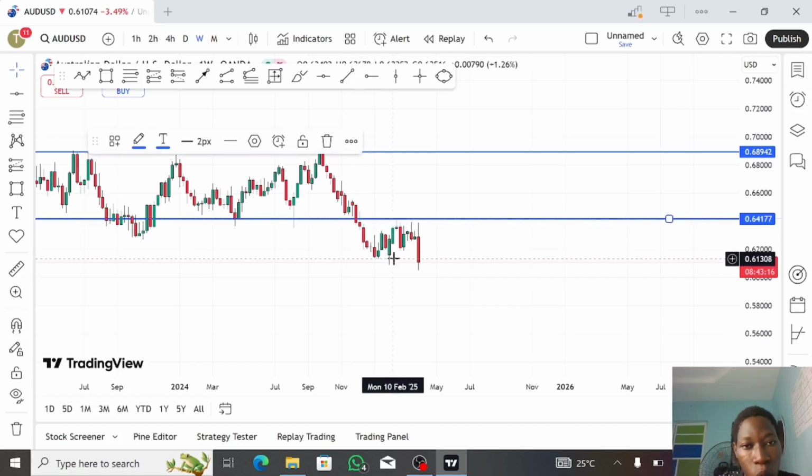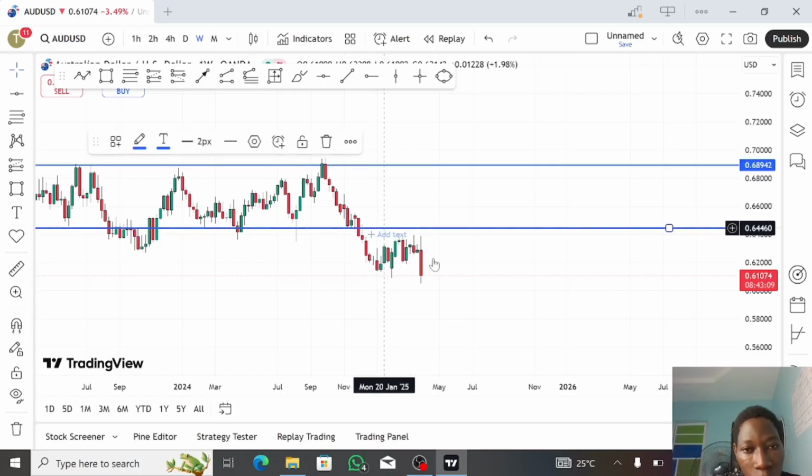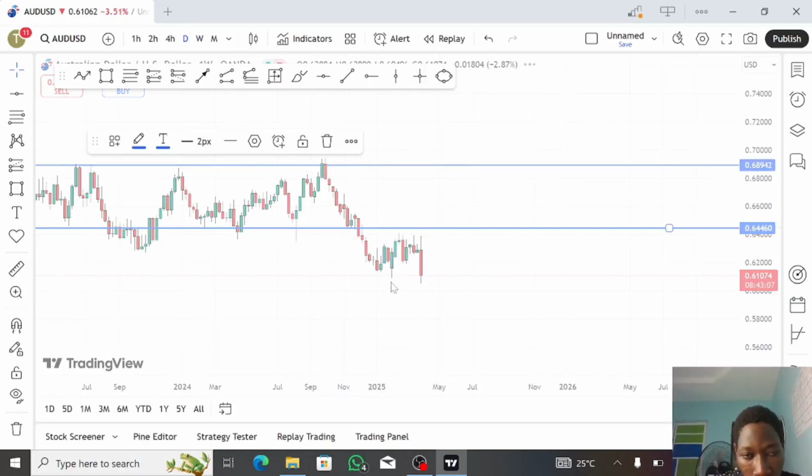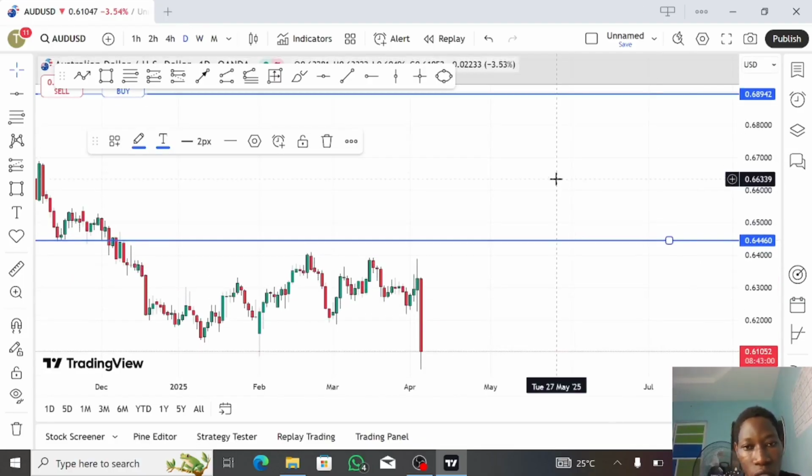So what you want to do is scale, because I was expecting that the market might likely get to this level before it starts going up. Now if you go to your weekly time frame, this is what we're focused on. On your daily time frame, you go to your daily time frame.